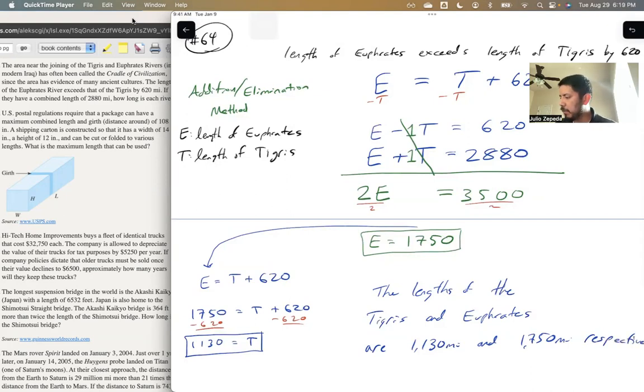And respectively, of course, we mean by that the length of the Tigris, since Tigris was listed first, this first length given is the one for the Tigris.